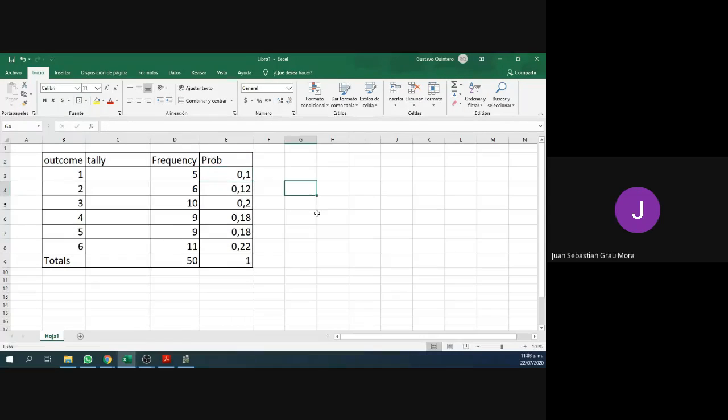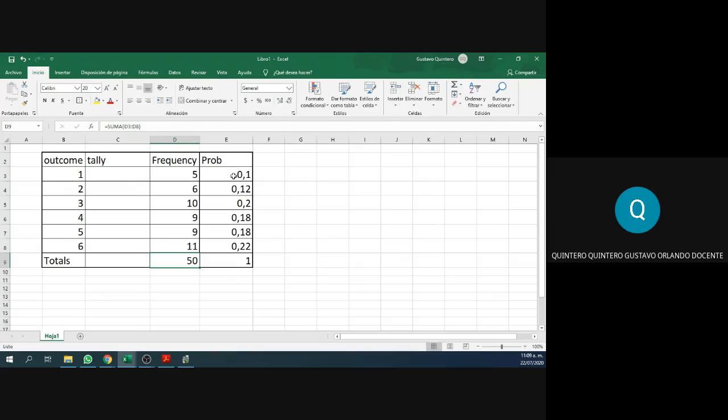Mister, I didn't understand how to get the probability. Can you repeat, please? Sure, absolutely. Listen, probability is the success over the totals. Let's say we want to find the probability of getting the number 1 in these 50 trials. We throw the dice 50 times, so the success is 5, and the total is the 50 times.